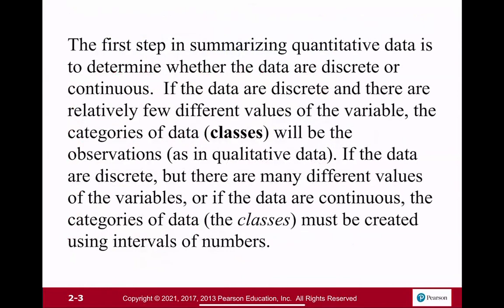All right, so the first step in summarizing quantitative data is to determine whether the data are discrete or continuous. So remember, discrete are things that we could count with our fingers. So whole number values, so 1, 2, 3, 4.